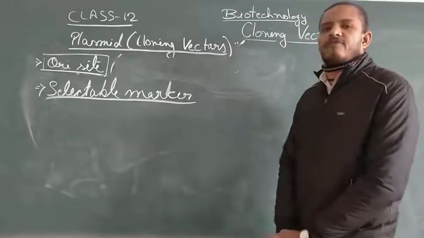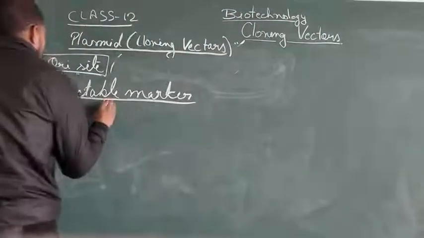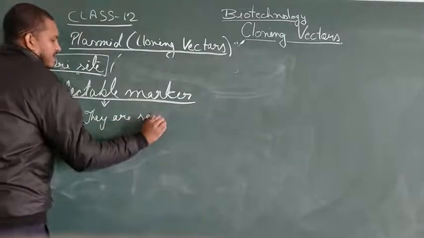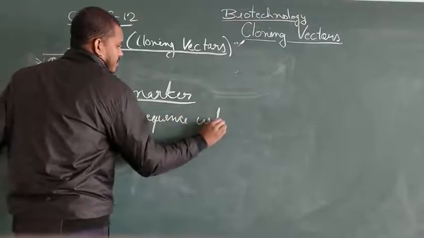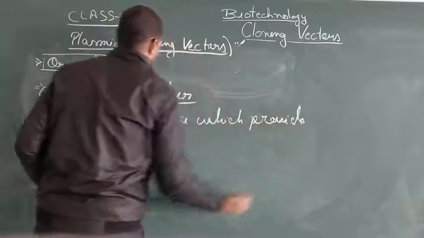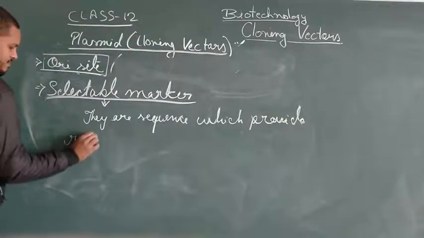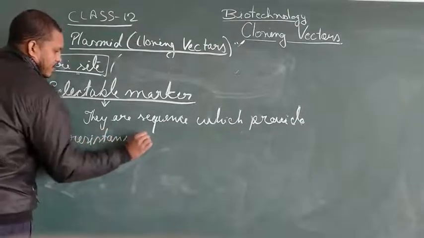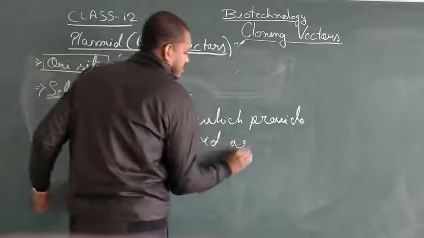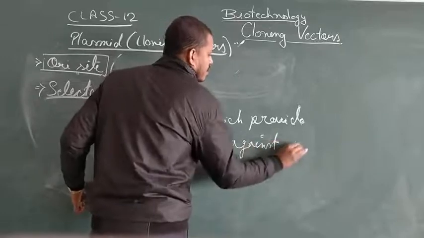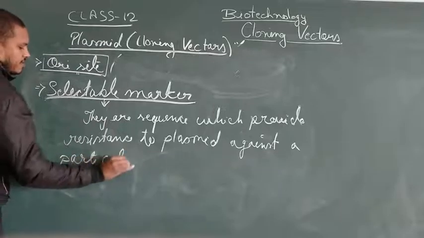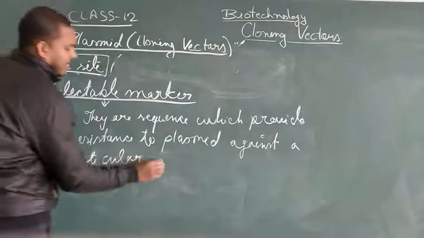So that is the role of selectable marker: they are the sequence which provides resistance to the plasmid against a particular antibiotic.